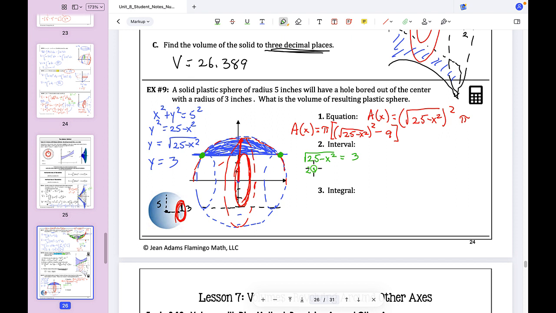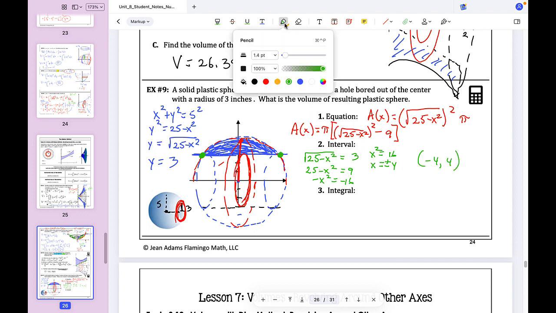If I square both sides, 25 minus x squared equals 9, so negative x squared equals negative 16. So x squared equals 16, which means x equals plus or minus 4. These are intersecting at plus or minus 4.